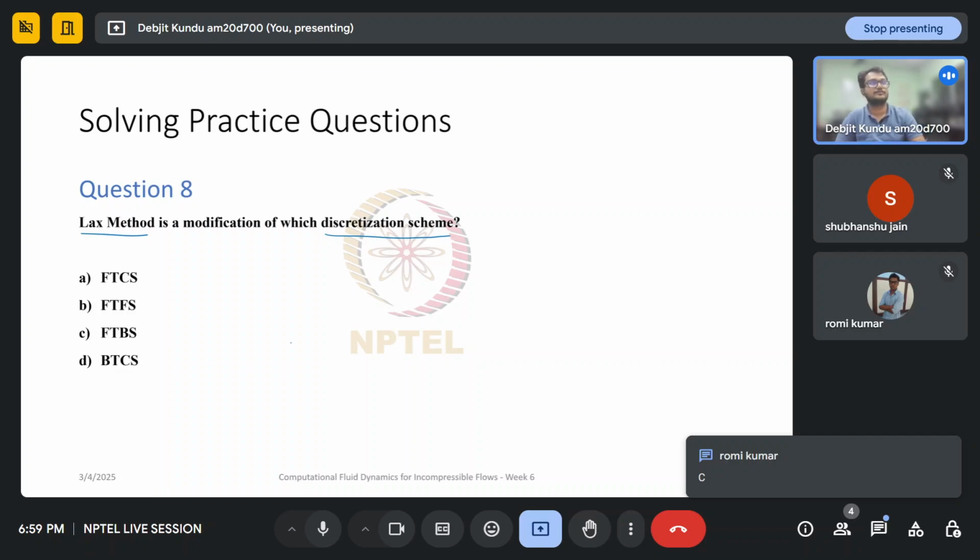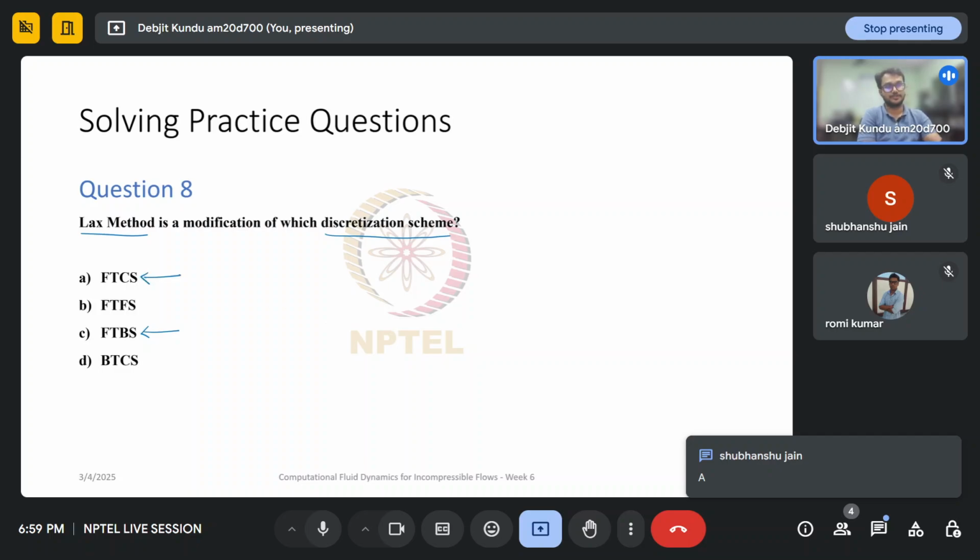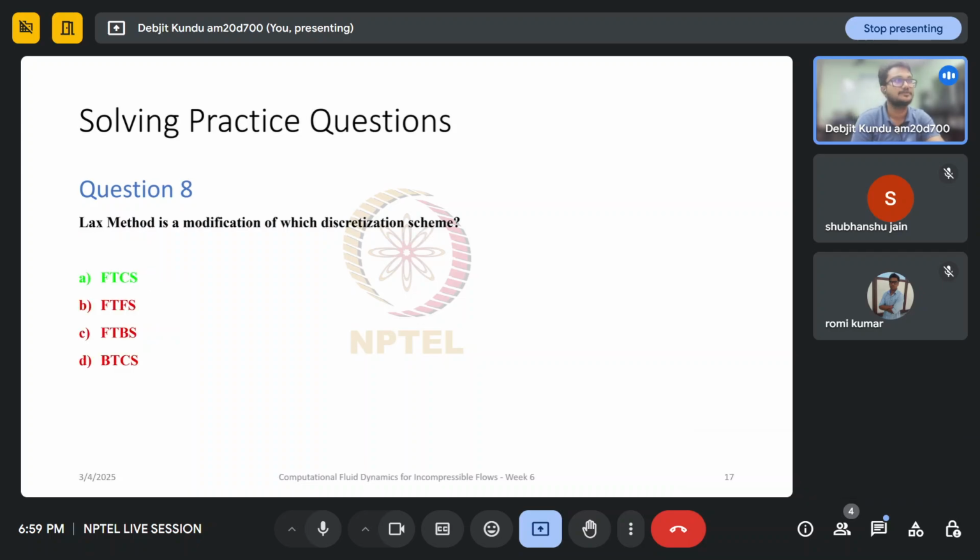Here we have one response in favor of option C, that is forward in time, backward in space. And another response in favor of option A. Let's take a look at the solution. It's actually option A, FTCS.